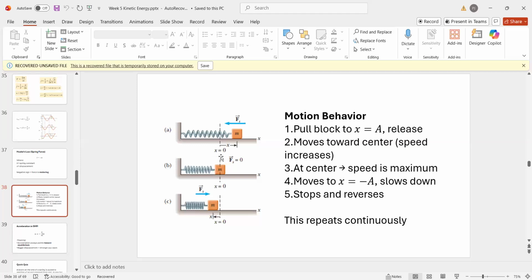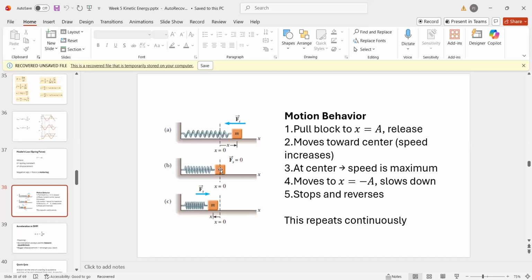Then you move to x on the negative side, it slows down, and when it stops, it reverses. This repeats continuously when you're using springs. This continual action moves to the center, where the speed is at maximum, and we have both the negative and the positive side.